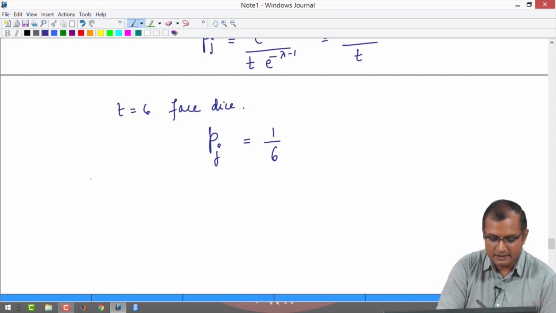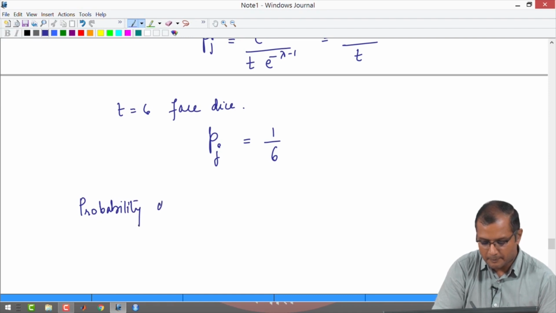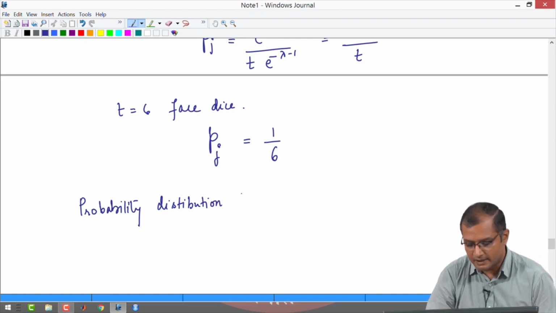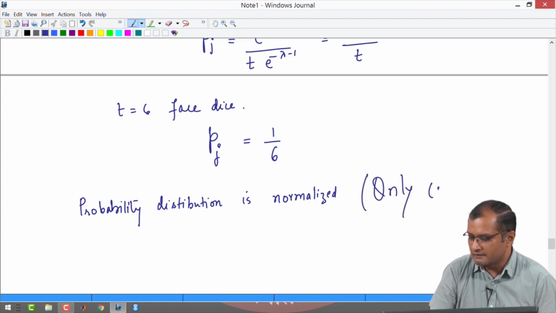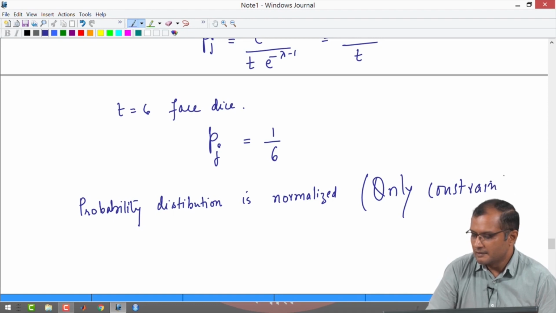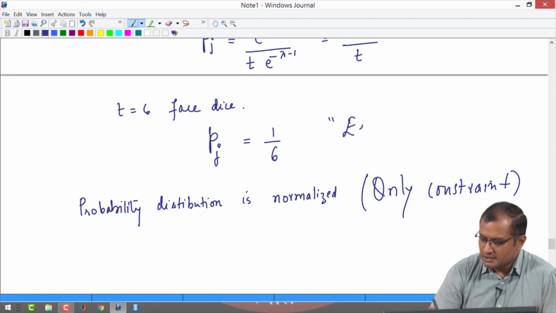So, what we saw here is that if you leave the probability distribution without any constraint, apart from the fact that the probability distribution is normalized, if that is the only constraint you have, then the PDF that you get is the equal a priori distribution, or unbiased distribution.